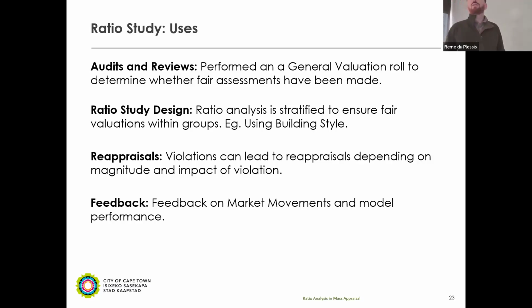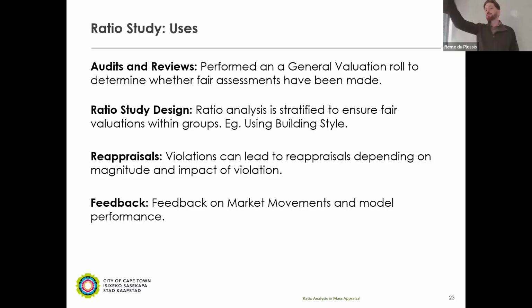Ratio study design looks much like any type of study design or experimental design you might have seen in statistics. An example of this is, we would like to stratify according to building styles. So we might have, with some of the new developments coming out of the requirement to have affordable housing in them, properties that have a different building style.